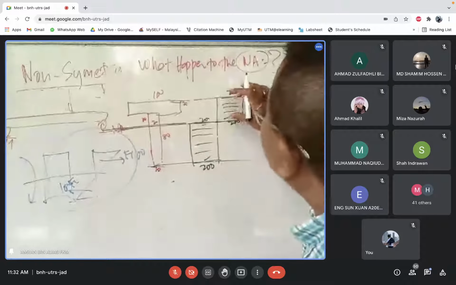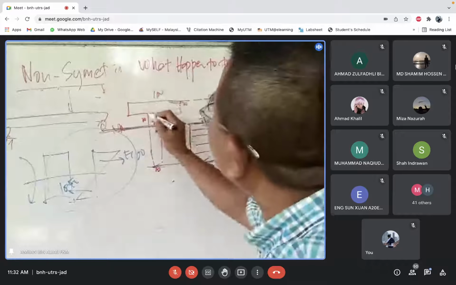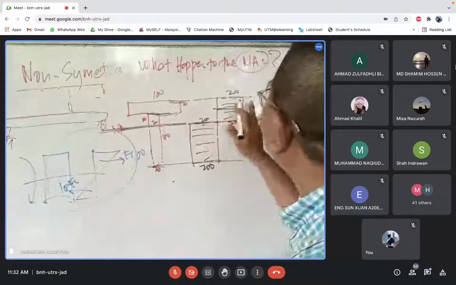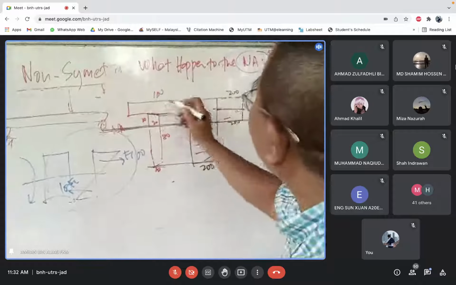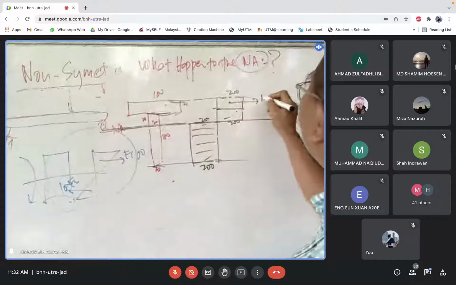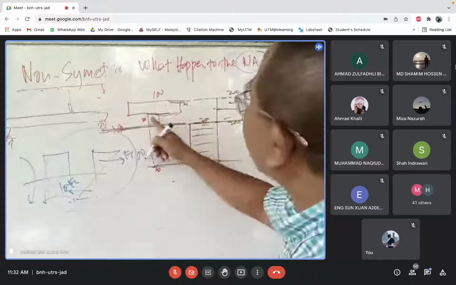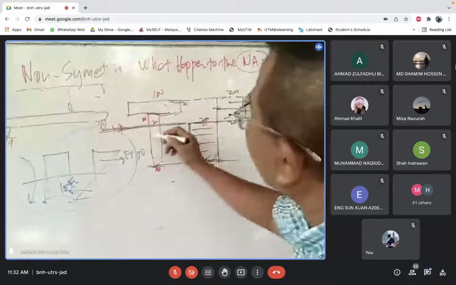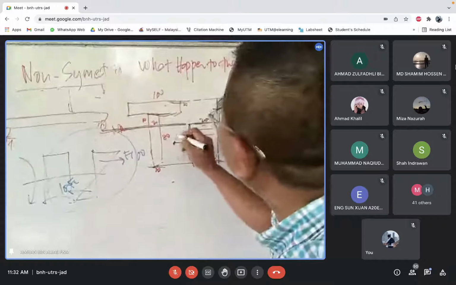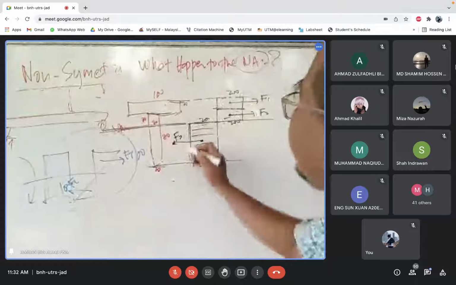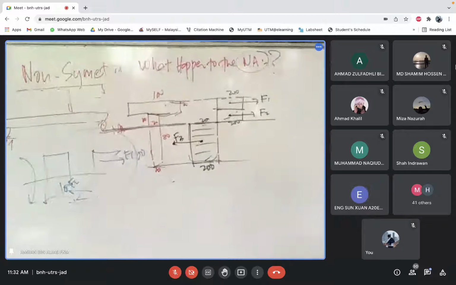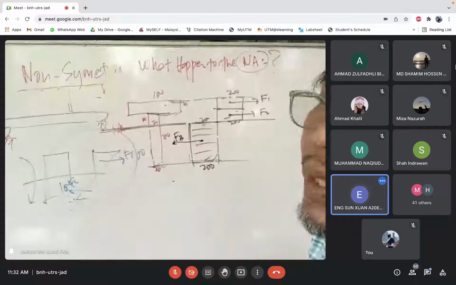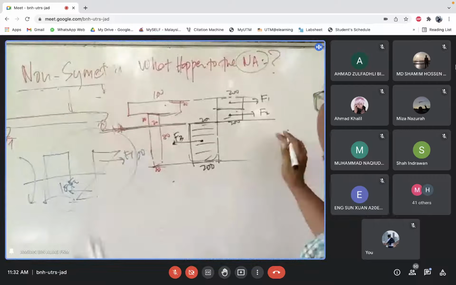And then that 200 times the area, we break the area into halves. See that? That area times that stress becomes F1. That area times that stress becomes F2. And that stress times that area becomes F3. Is it correct or not? Yes. Then let us find out what F1 is.